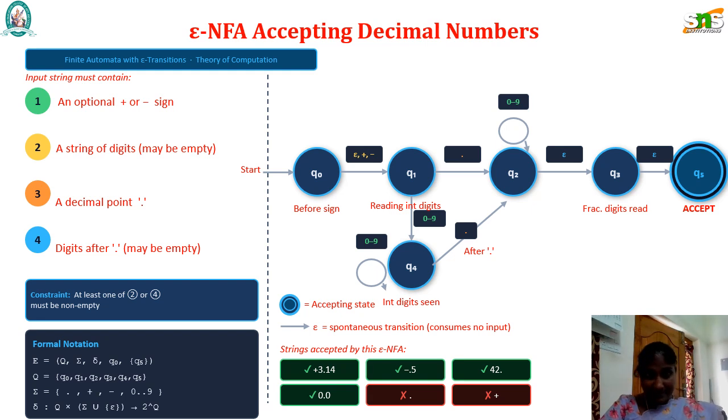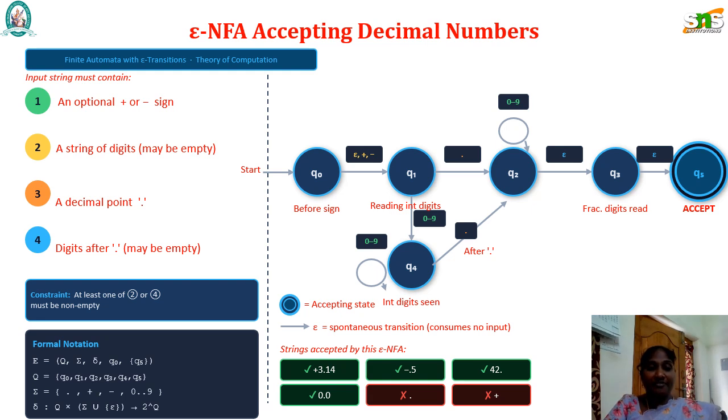So this is an Epsilon-NFA example for accepting a decimal number. In this example, the input string is a decimal number. The input string must contain an optional plus or minus sign to denote a negative or positive number.